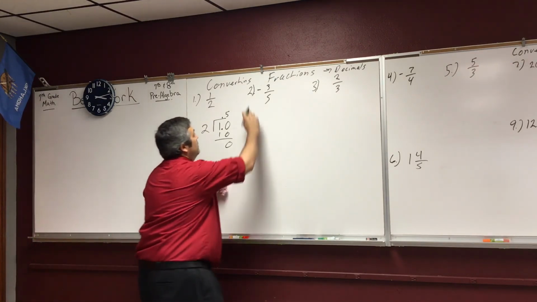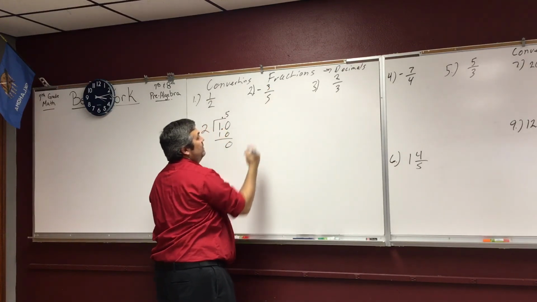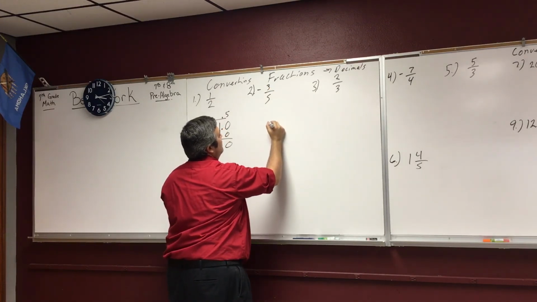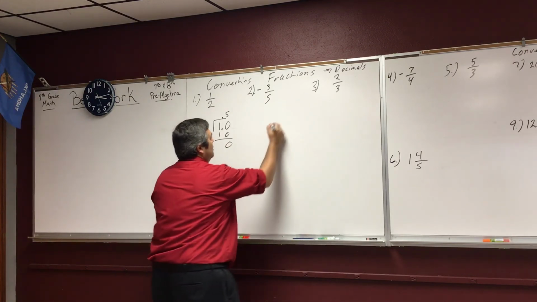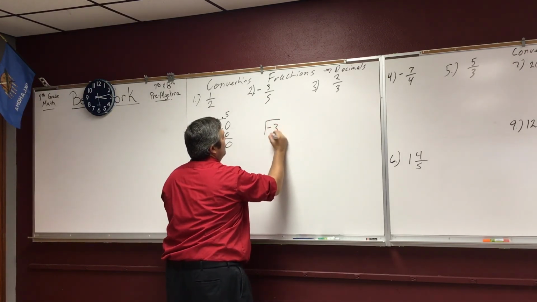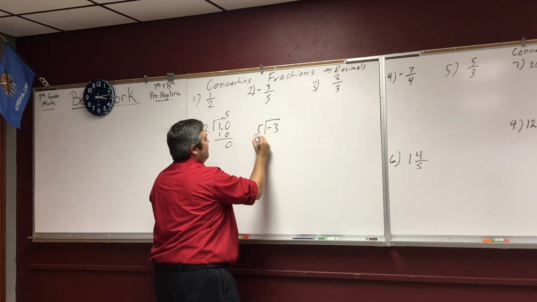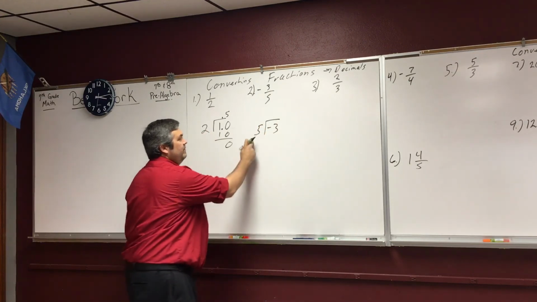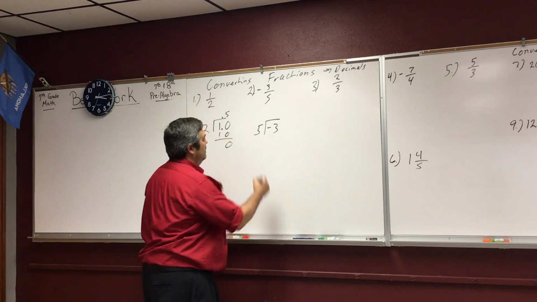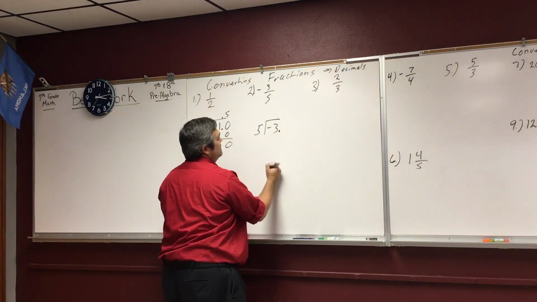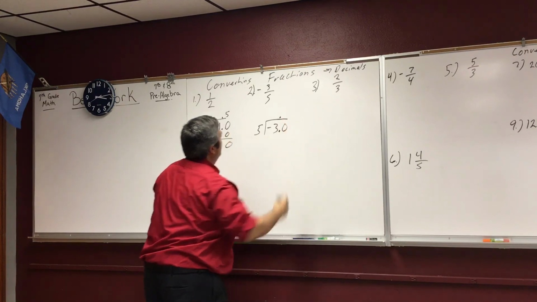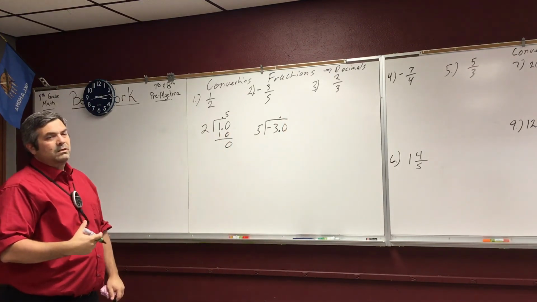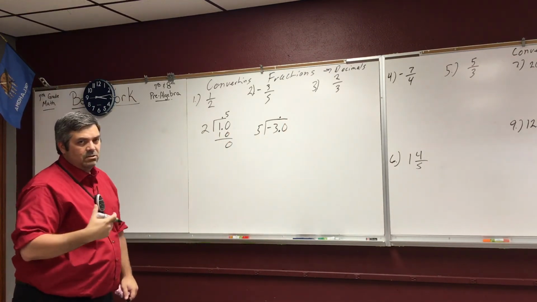All right, so -3/5. The negative goes with the whole thing, right? So -3 divided by 5. Well, 5 doesn't go into 3, so we're going to put our decimal, bring it up here, put our 0, and then we need to know what times 5 gives us 30.